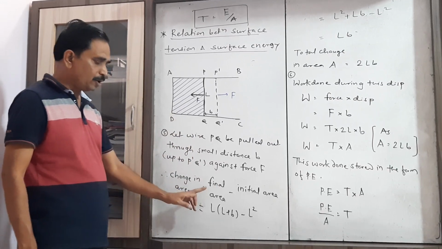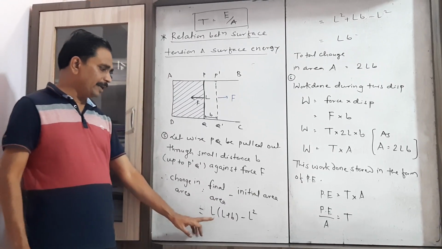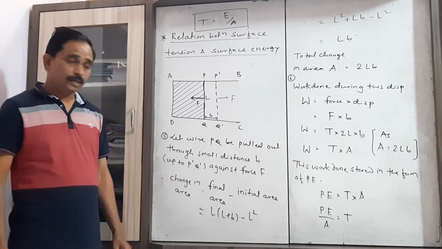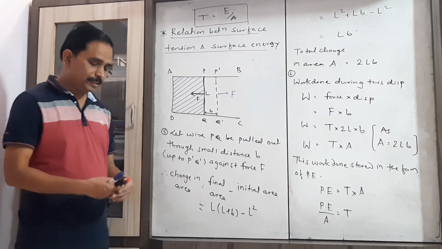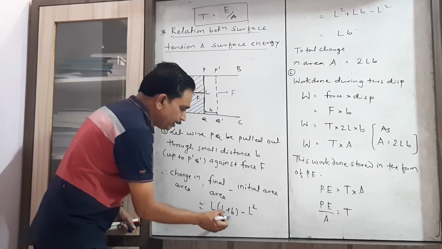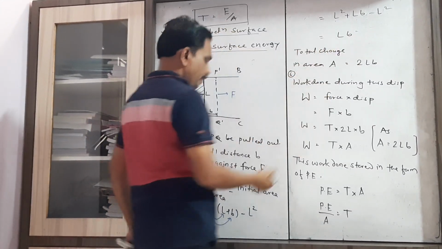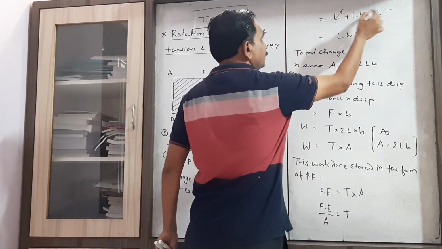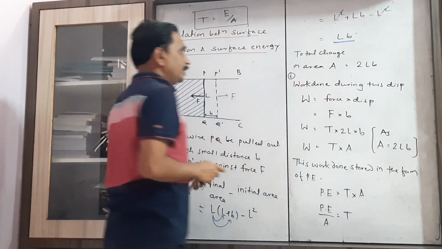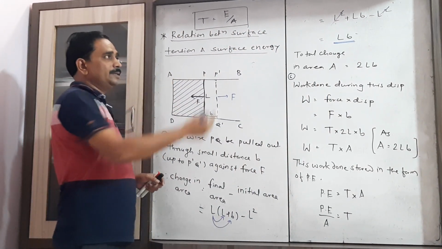So we write here final area minus initial area: L into (L plus B) minus L square. Now multiply by this L. That is L into L, L square, L into B, LB. So I write here L square plus LB minus L square. Cancel this L square. Therefore, the change in surface area because of the motion of wire PQ is L into B.